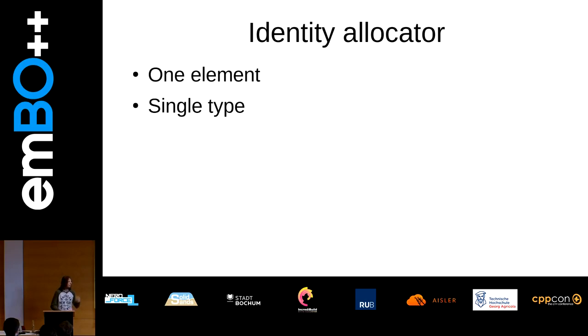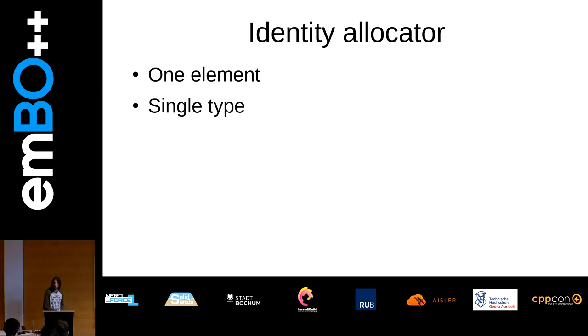That is also the reason we have the data type member, so that the parent allocator can know what types it has to be able to allocate for this allocator. So the identity allocator is basically an empty class. It only specifies a type, but it doesn't know how to allocate or how to deallocate or even look up where its types are.